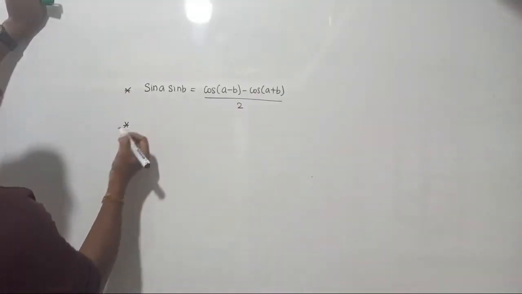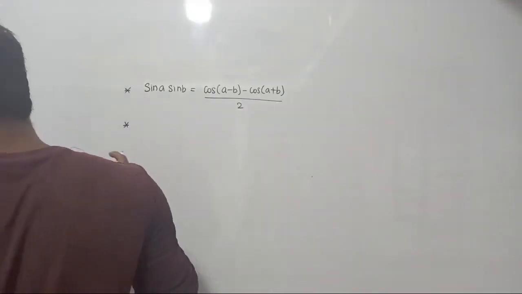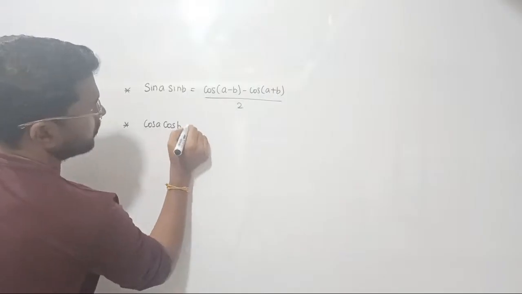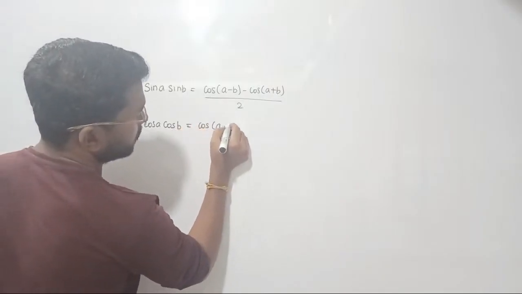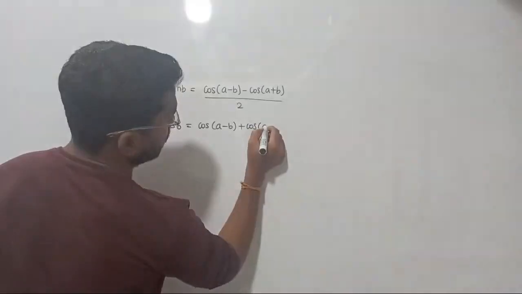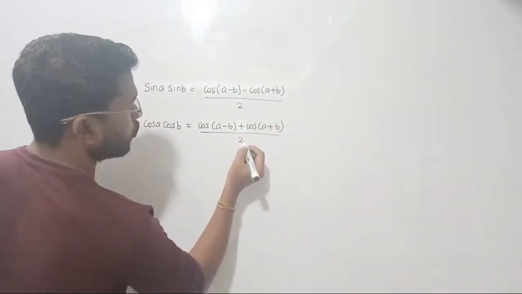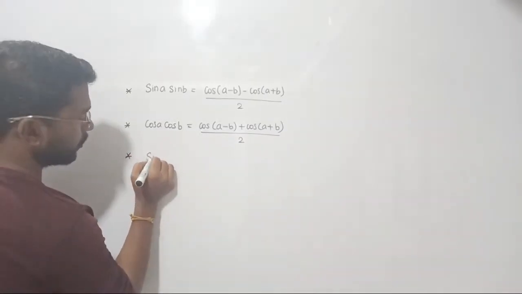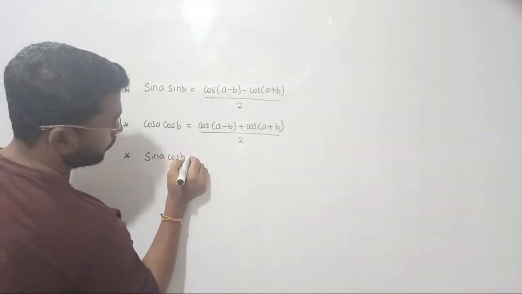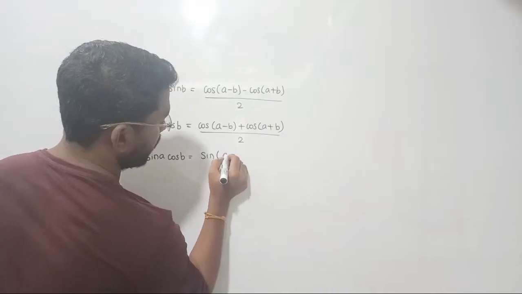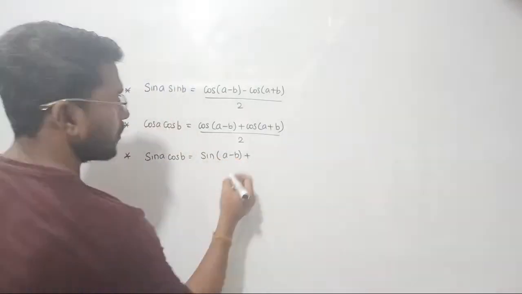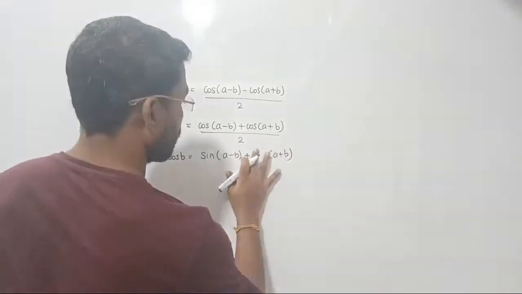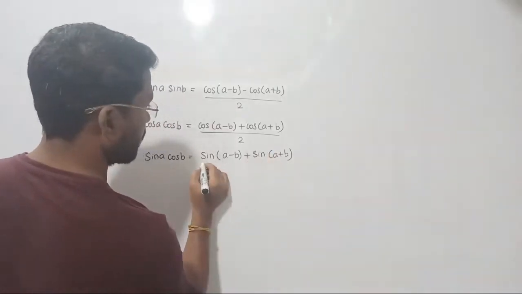Next, the second one is cos a cos b. We all know these things. That is cos a minus b plus cos a plus b upon 2. Next, sin a cos b, which is sin a plus b plus sin a minus b divided by 2.